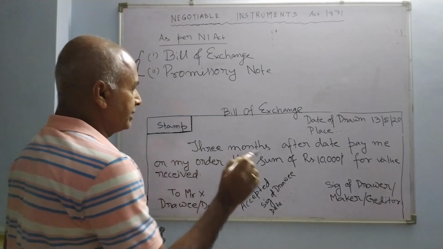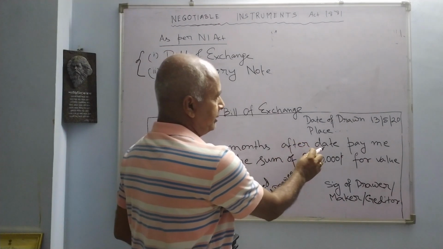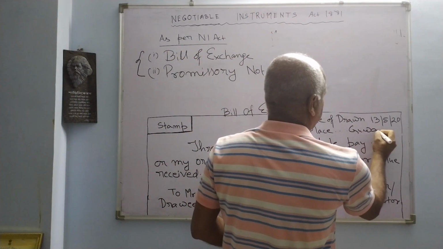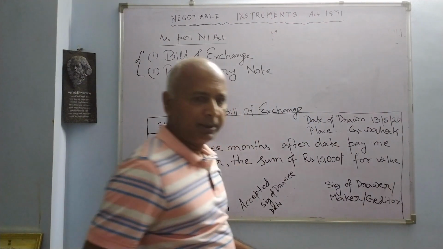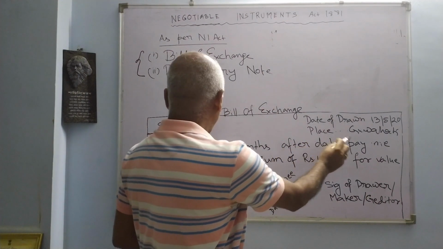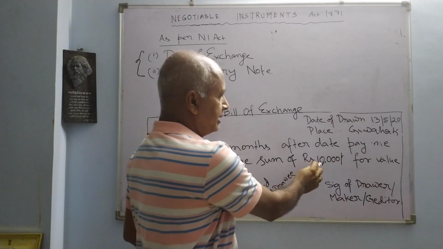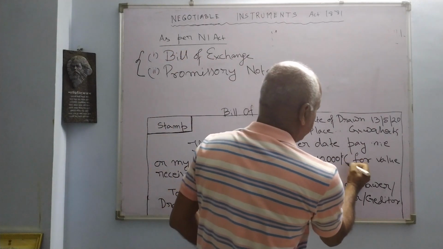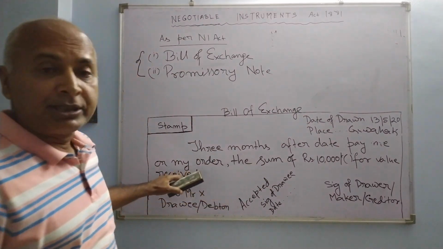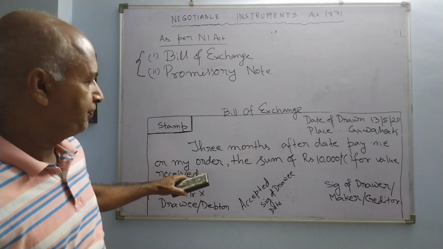Then see how the language is written. 3 months after date. Date means this date. Suppose the place is Guwahati. So 3 months after date, pay me or my order the sum of rupees 10,000. You have to put in brackets the amount in words also, for value received. So this is the language actually.